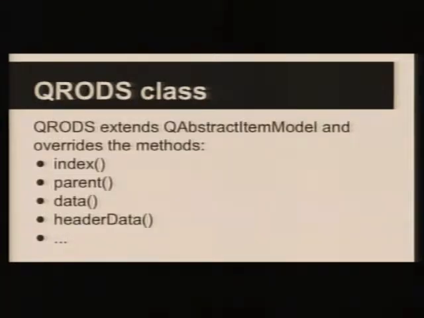And to do that, we implement the main Qt functions to provide that access. We have the index function, parent, data, and headerData, and other functions that are very important to do that. So the user doesn't need to care about it. The user just needs to configure the parameters of the iRODS server and then use our library. I will show you how to do it.